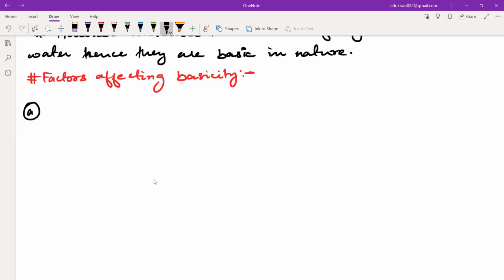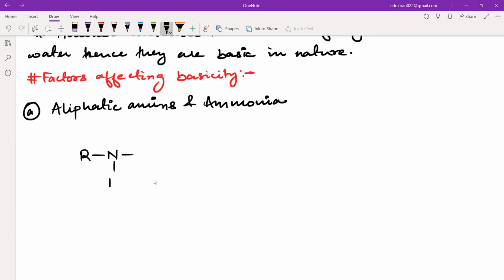First of all, aliphatic amines and ammonia. So we have R nitrogen, which is bonded to hydrogen and hydrogen with a lone pair, versus a nitrogen which is bonded to only hydrogens.